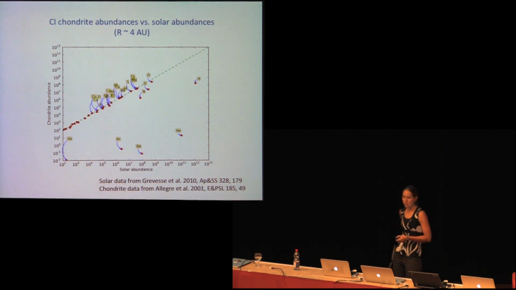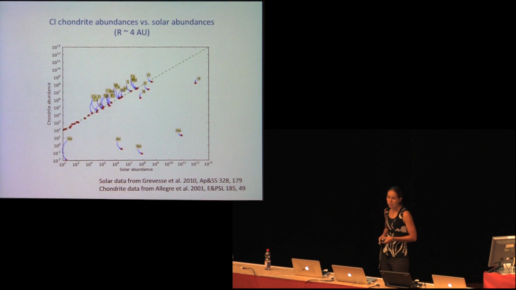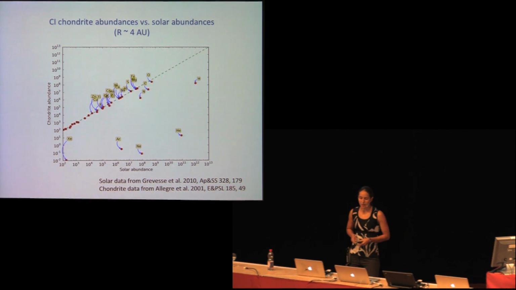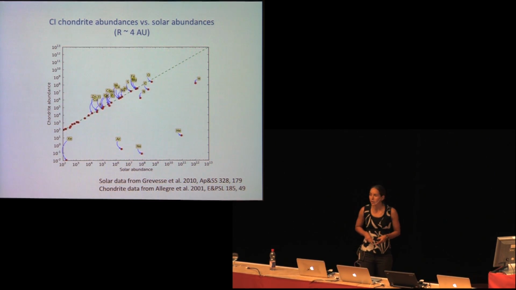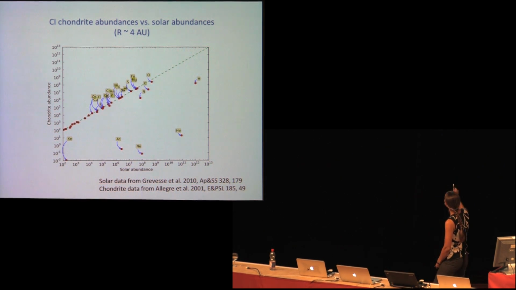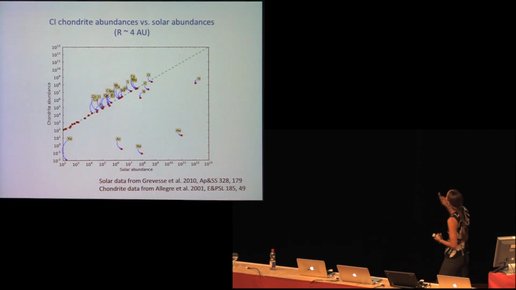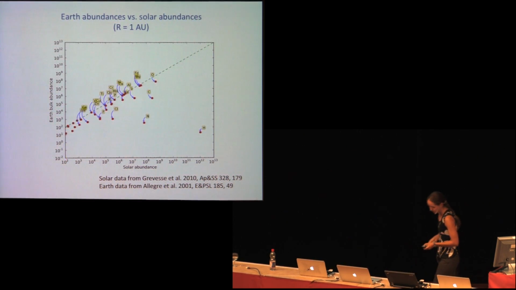So let's look at some actual data. This shows the chondritic abundances for various elements compared to solar abundances. What you can see immediately is that some of the elements that tend to be in the gas phase do not show up even in chondrites.